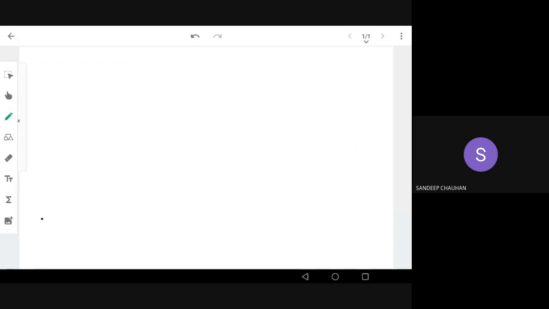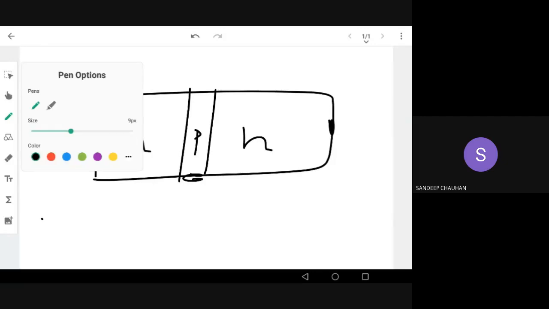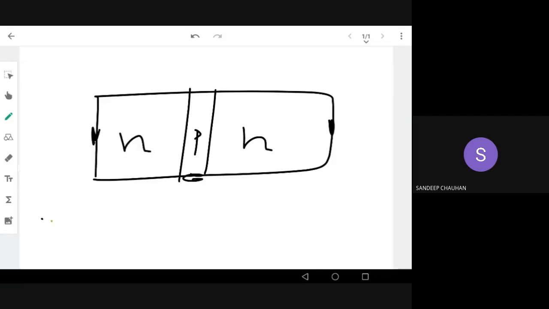So in the saturation region, NPN. In the saturation region, the condition is we have to bias the base emitter region in forward bias and base collector again in forward bias, right?